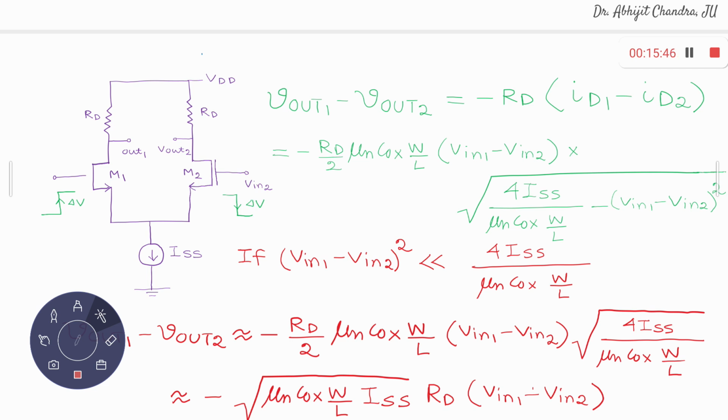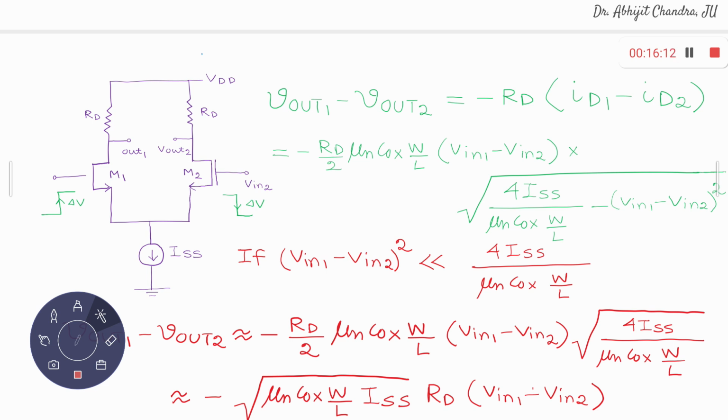So the source potential remains at a particular voltage. That voltage doesn't get changed. This particular potential doesn't get changed.